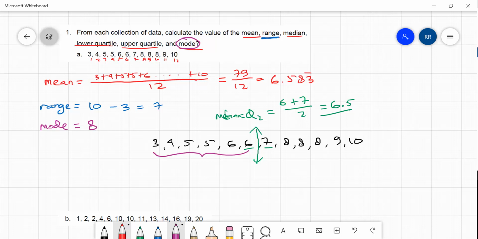So if I cut that, the cut will be exactly in here, because if I split this, I have 3 data over here, and then I have 3 data over here. So this cut here is going to be exactly in the middle of those 6 data on the left, right? So I'm going to write it down here.